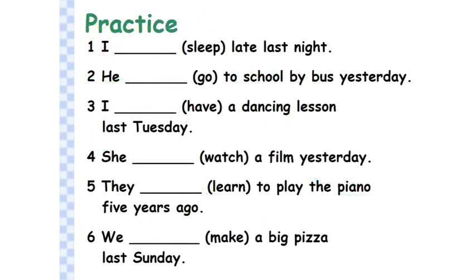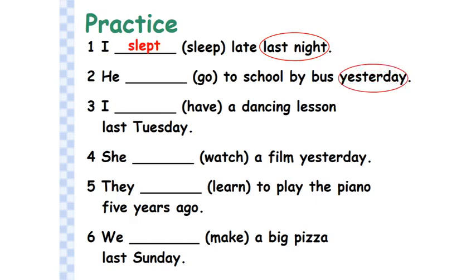Let's do some more practice. I sleep late last night. Last night is the indicator telling me that the sentence is in simple past tense. I'm going to use the second form of the verb sleep: slept. He dash go to school by bus yesterday. Yesterday.